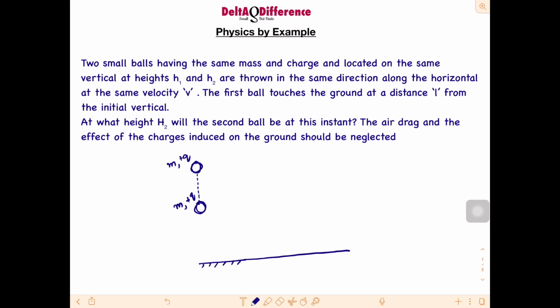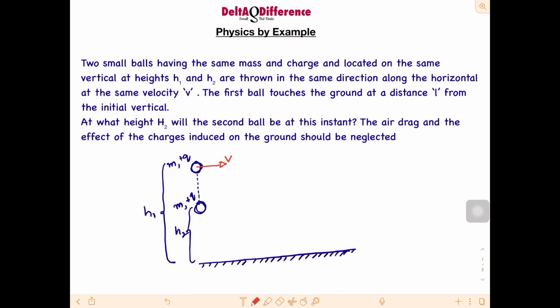Let this be the ground, and this height, for example, is h2, and height of that, let us say, is h1. And according to the question, the balls are given speeds in this direction.